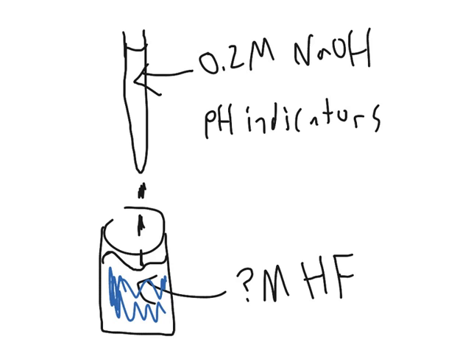And then the burette will tell us how much sodium hydroxide we needed. And then through simple stoichiometry, we can find out the concentration of the hydrofluoric acid by simply doing some multiplication.